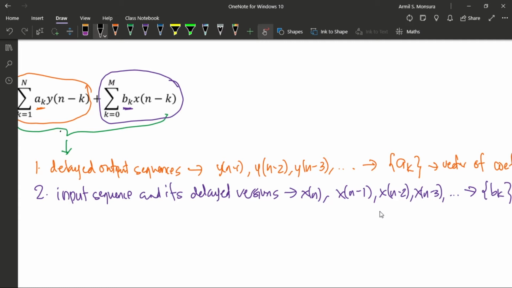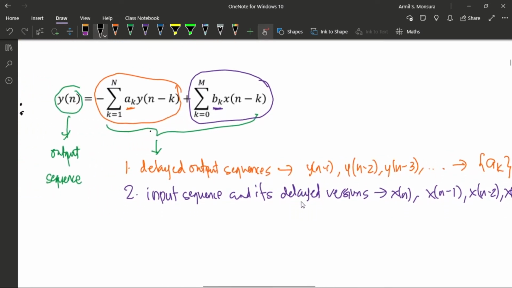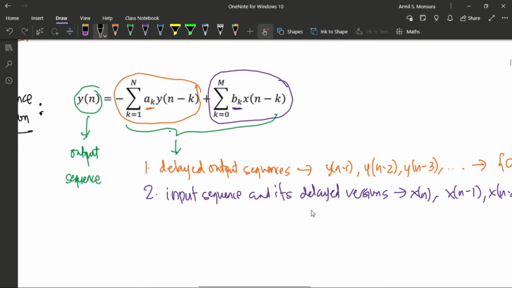Maaaring ang coefficient nila ay 0. So therefore, 0 times that sequence would, of course, make the sequence vanish. Okay? So, yan yung makikita nyo ngayon sa isang difference equation. Just for brevity.